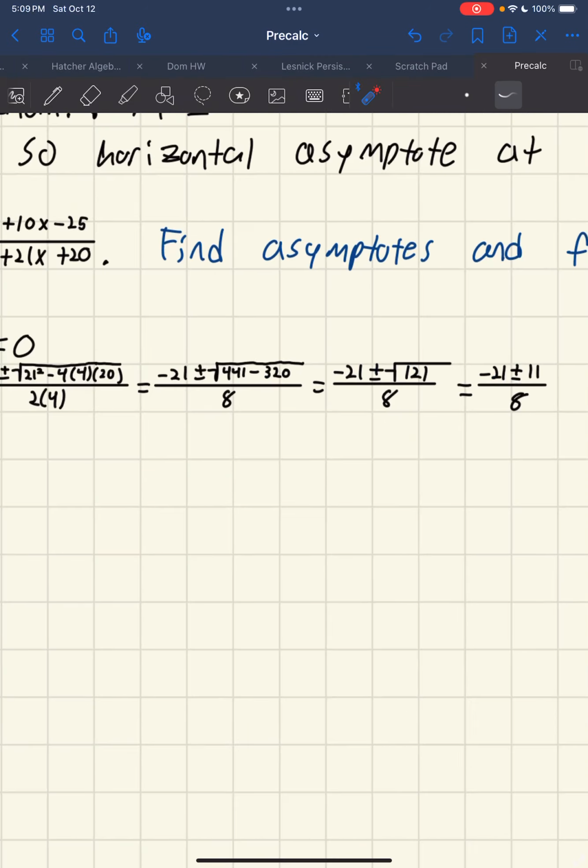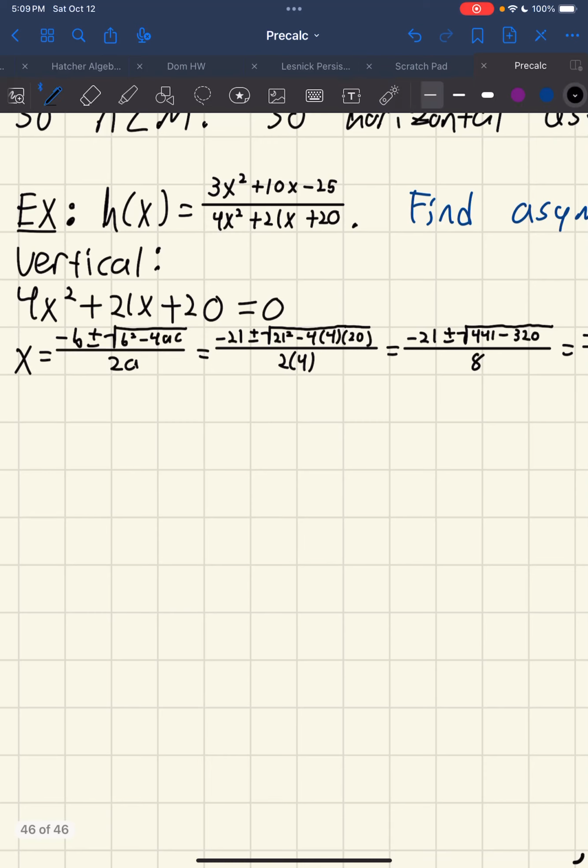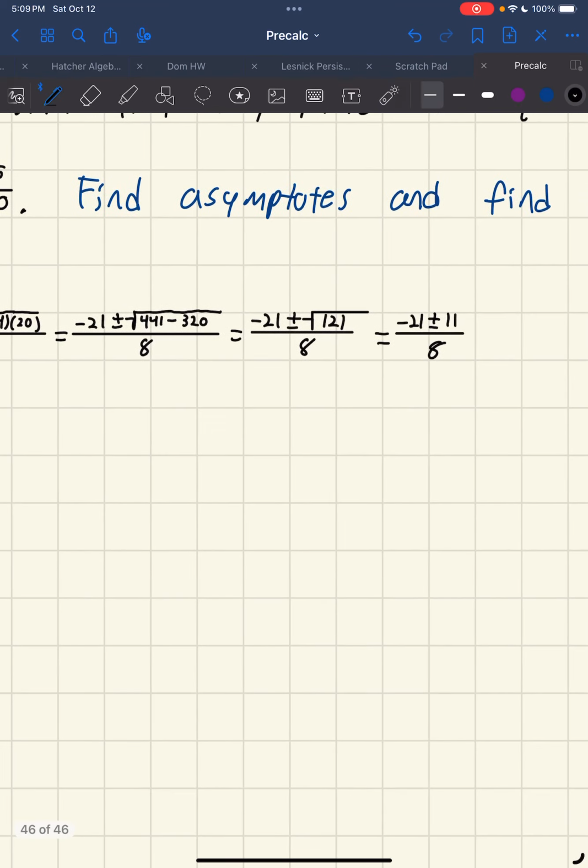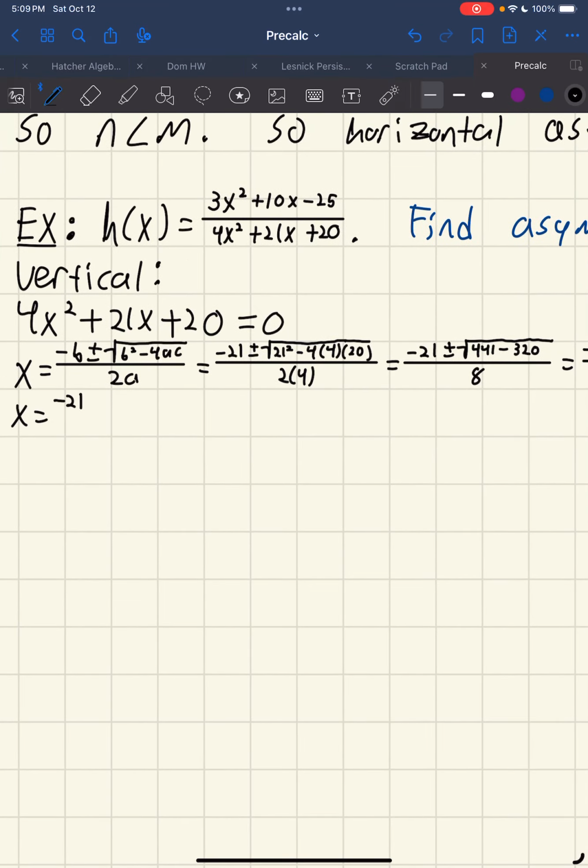So we have vertical asymptotes at x equals negative 21 plus 11 over 8 and x equals negative 21 minus 11 over 8. Or x is equal to negative 10 over 8, or negative 5 over 4.